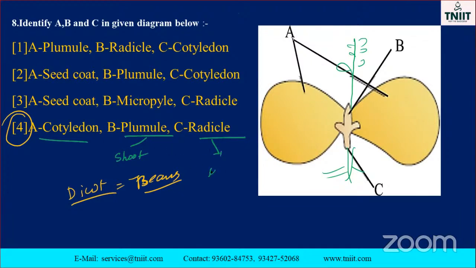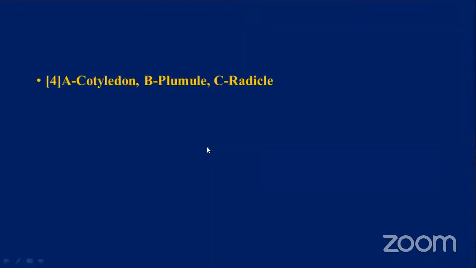Radicle produces the root system. This one is dicot, isn't it? Here this cotyledon, and this one is also a cotyledon. Suppose it is a monocot, how would it be? Coleorhiza, coleoptile. That is the difference between these two, my dear. See the option: cotyledon, plumule, radicle is the correct answer. Go to the next one.